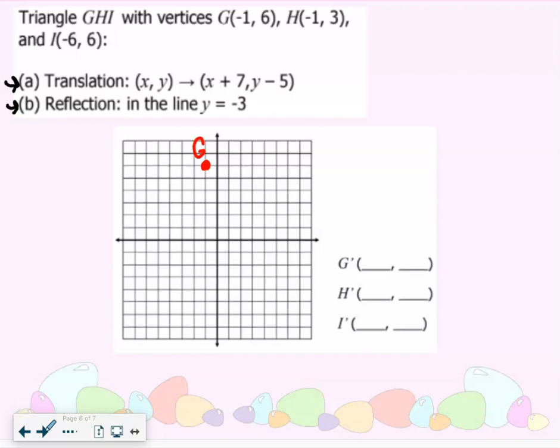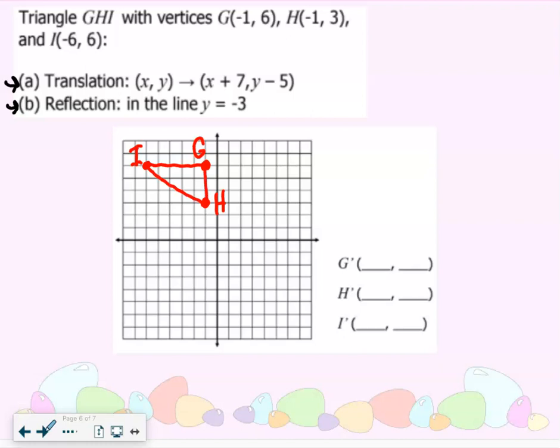So make sure you take your time and do that. -6, 6 for I. All right, so this is our starting triangle, our original image, triangle GHI.